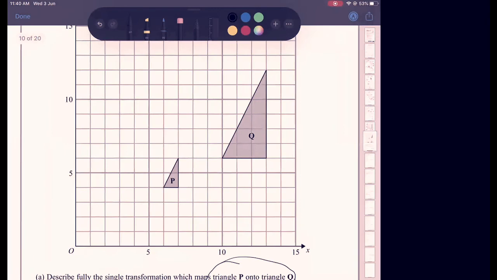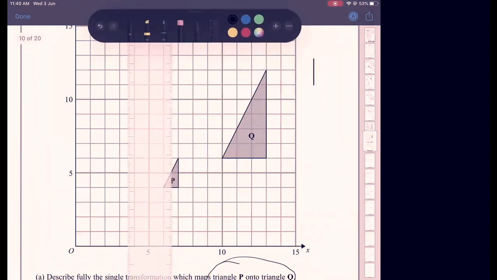First of all, we can say that this is an enlargement with a scale factor of 3. With respect to which center? We need to find the center as well. So how do we find this center?